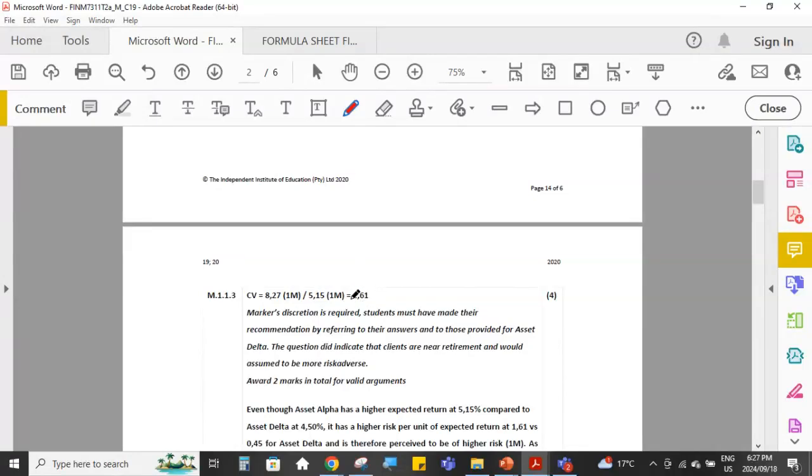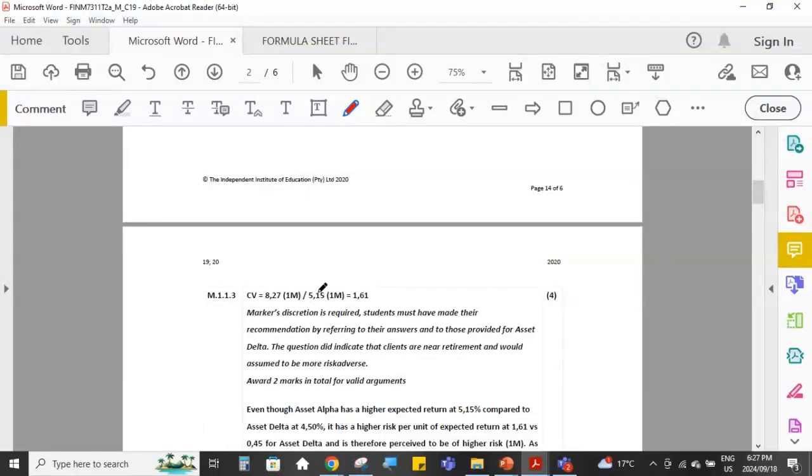So the answer of 1.61 means that for each percentage return that we expect to get, there is attached to that 1.61 units of risk, because we have taken the 8.27 units of risk and we have divided them over the 5.15 units of return.